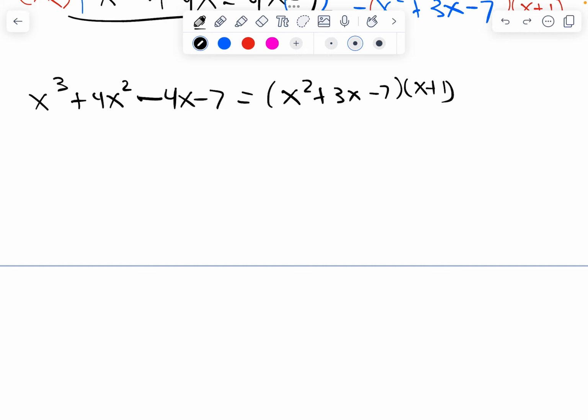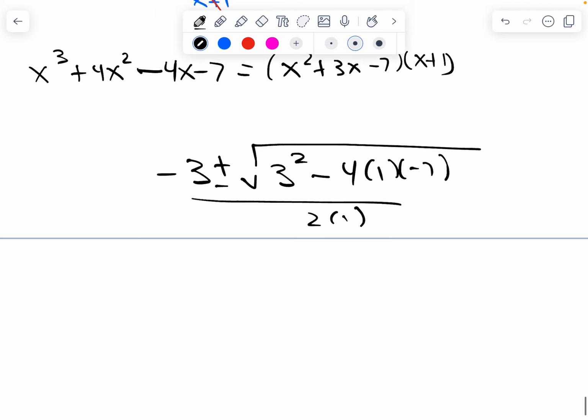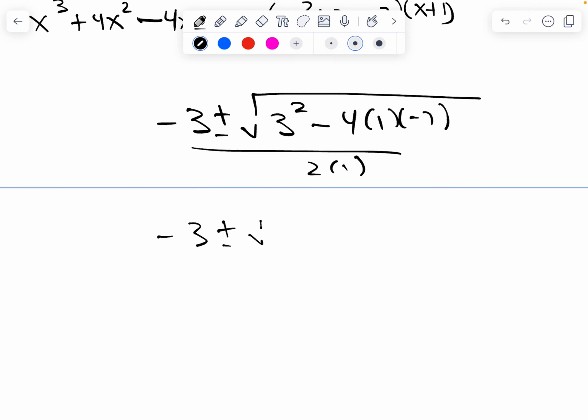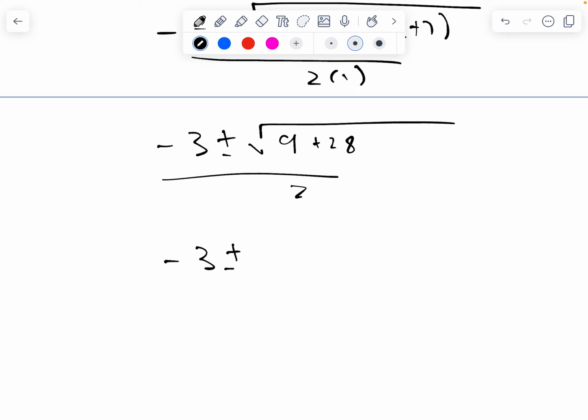Using the quadratic formula, we have -3 plus or minus the square root of 3 squared minus 4ac, all over 2a. 3 squared is 9, negative and negative make a positive, 7 times 4 is 28, all over 2. It's going to be -3 plus or minus the square root of 37 over 2.